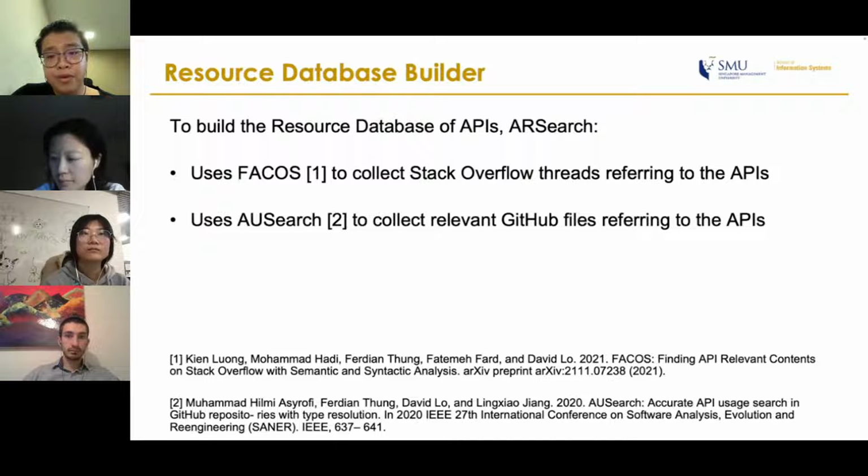First, to build the resource database of the API methods, AI Search uses two tools, Focus and AU Search, as there is an ambiguity problem on GitHub and Stack Overflow. For example, the word Java may refer to the Java island, or it may also refer to the Java programming language.